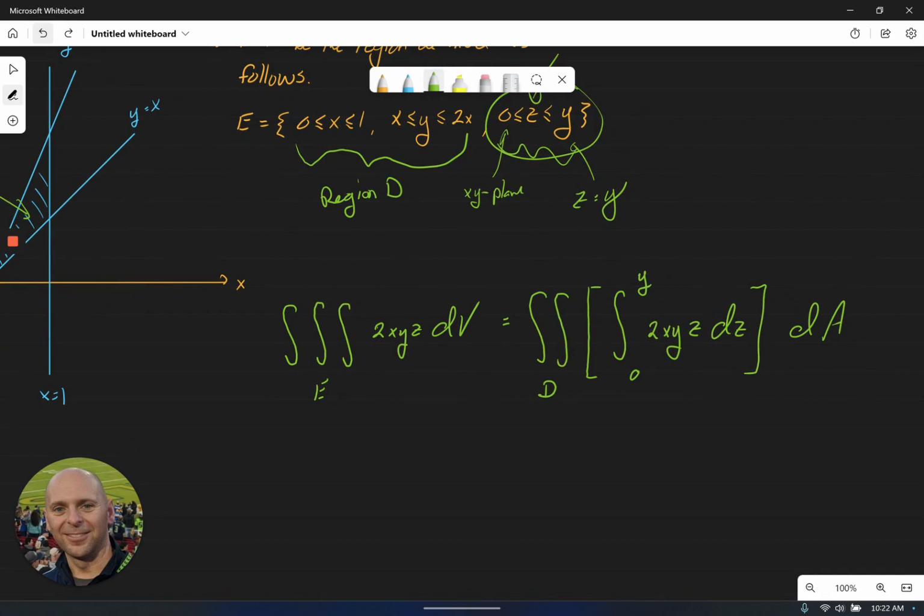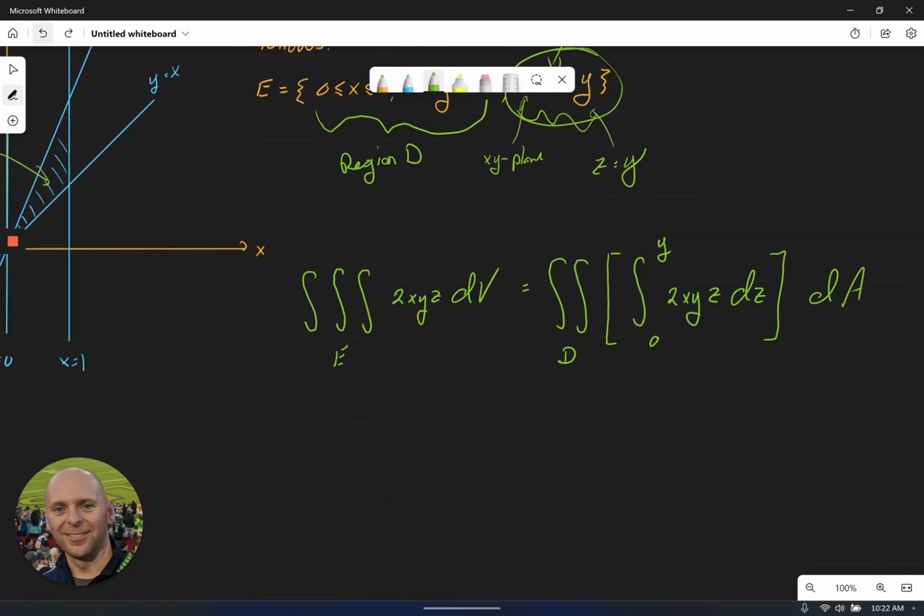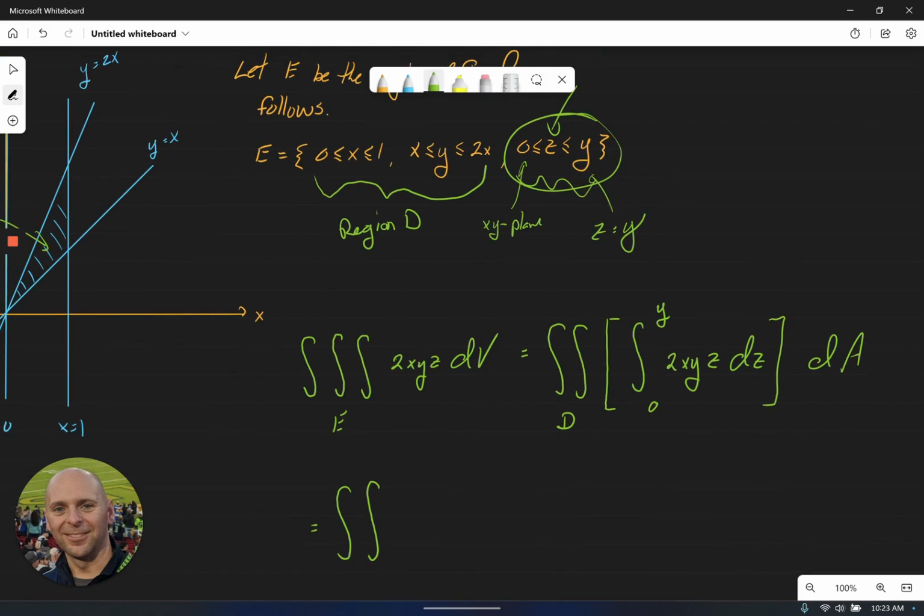From this standpoint, we could actually do this inner integral right now without even setting up the outer two integrals, because that's just a double integral like we would have learned in our previous calculus course. But we typically do set these things up completely, so let's set up the rest of our limits. We're going to integrate the x values last, because those are our constants to constants. We always want to make sure that the outermost integral has constants.